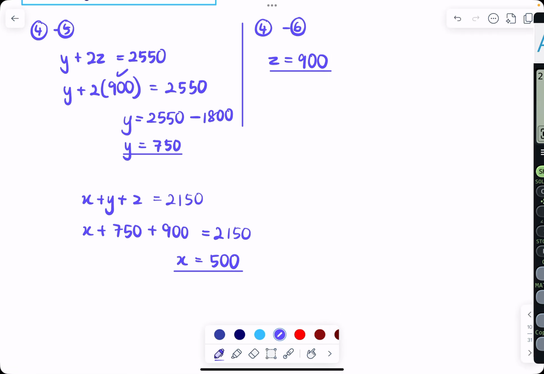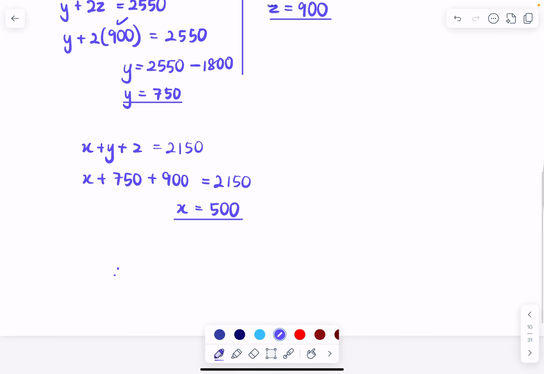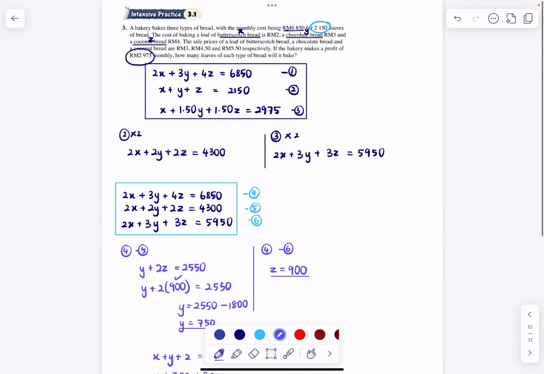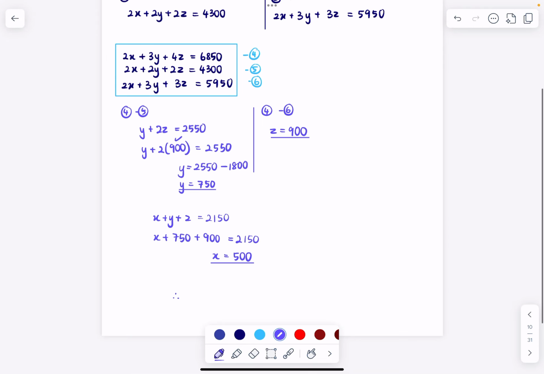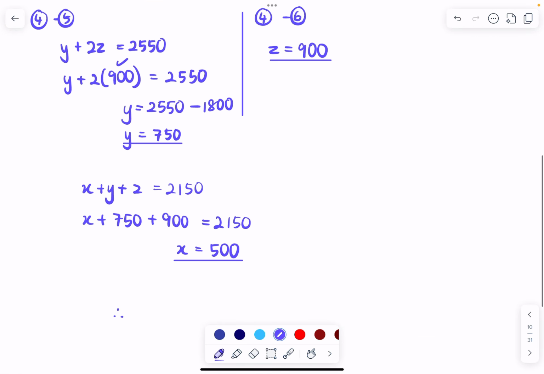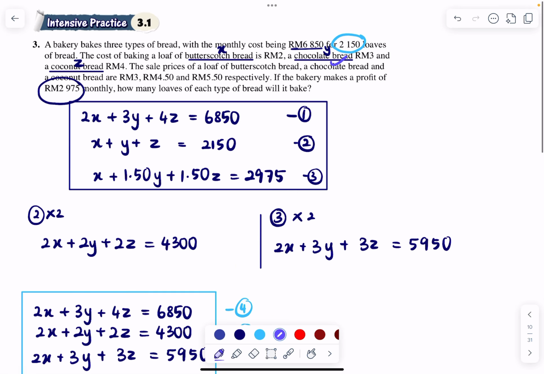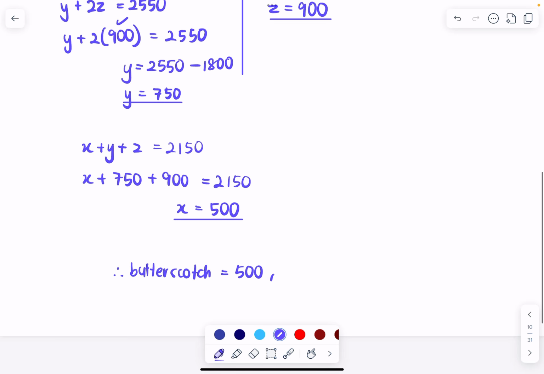Done. So we can conclude it by saying butterscotch bread, they made 500. And then the other one, chocolate bread is 750.